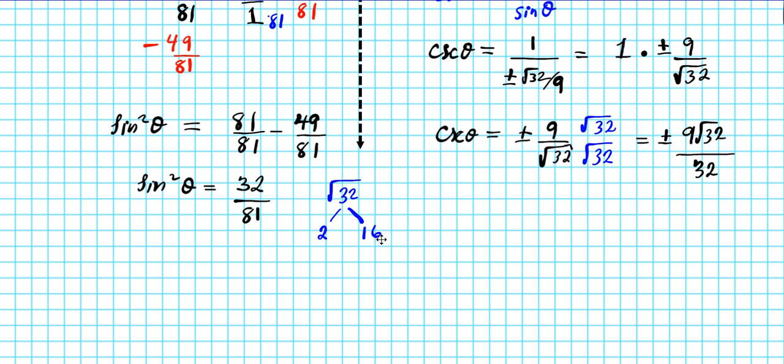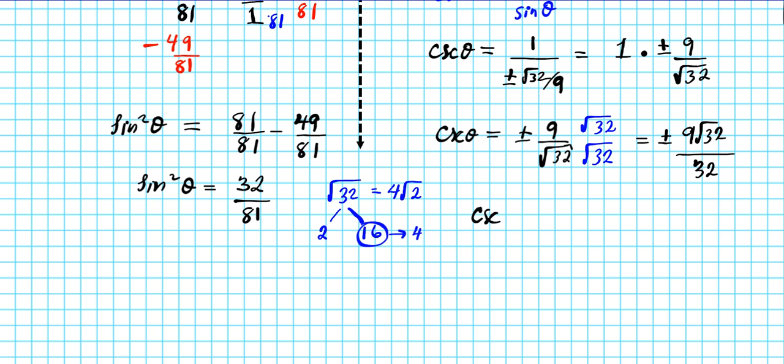So 16 basically comes out of a square root as a 4. So root 16 comes out as a 4. And this 2 stays behind because it's not a perfect square. So root 32 is basically root 2 times root 16, which reduces to 4 rad 2.